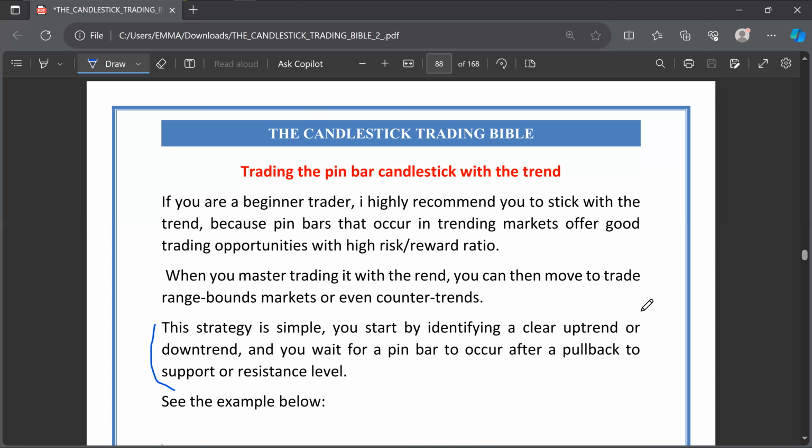You identify if a trend is an uptrend or downtrend, and then the second thing is you wait for a pin bar to form at this level, or wait for a pullback to this very resistance or support level. Then you enter, boom, you move. It's as simple as that.